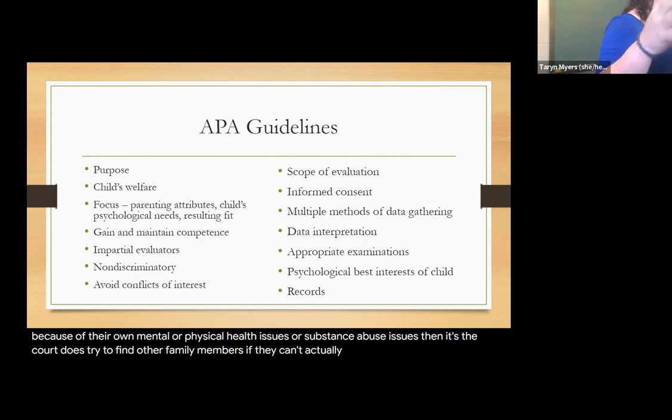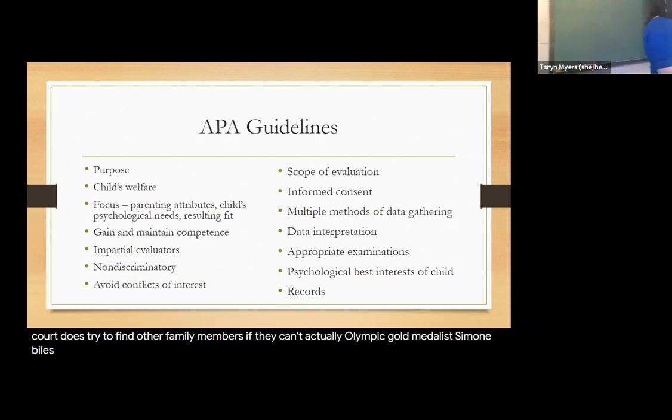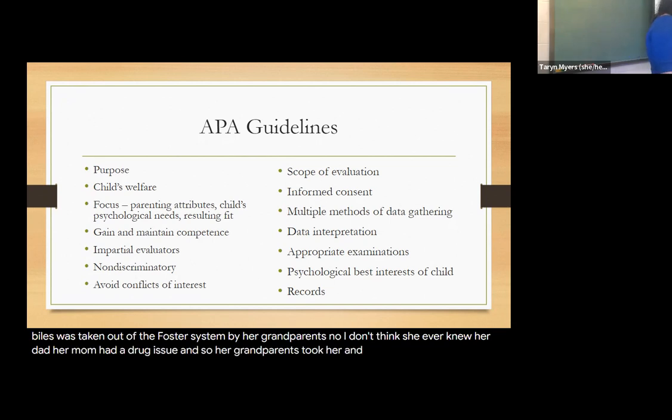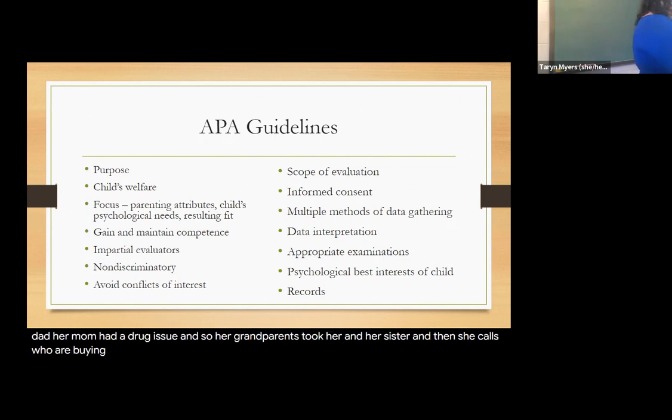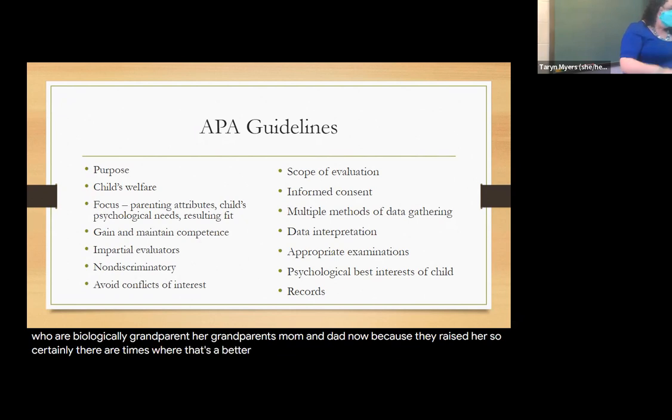Actually, Olympic gold medalist Simone Biles was taken out of the foster system by her grandparents. I don't think she ever knew her dad. Her mom had a drug issue, and so her grandparents took her and her sister. And she calls them, who are biologically her grandparents, mom and dad now because they raised her. So certainly there are times where that's a better situation.